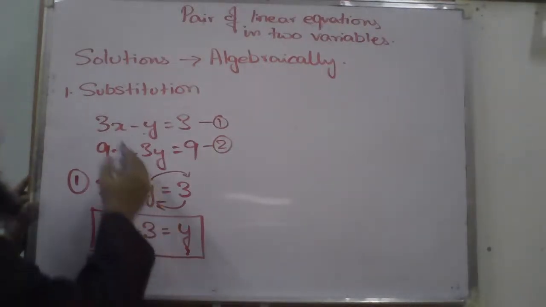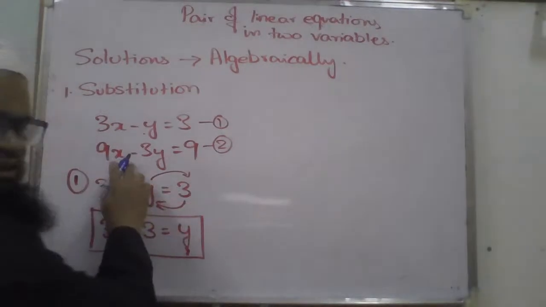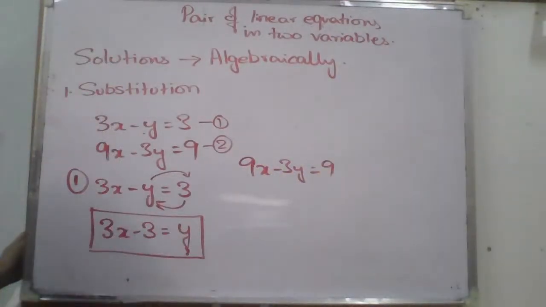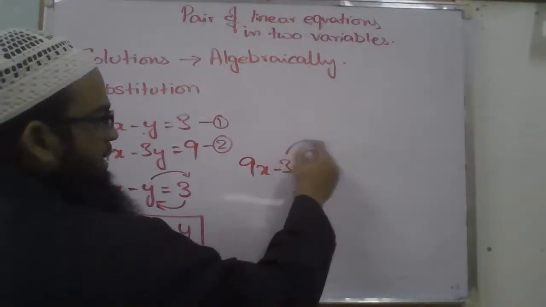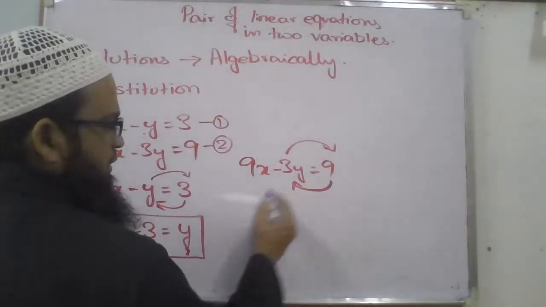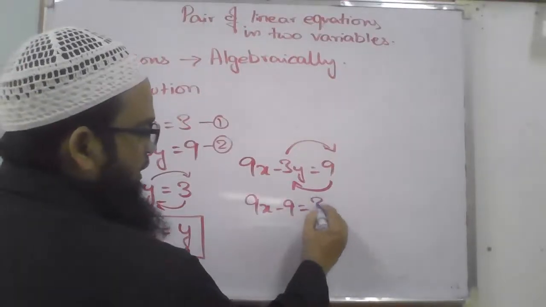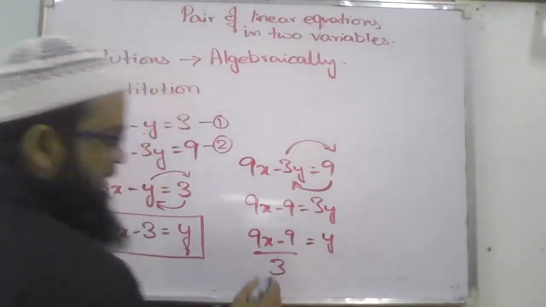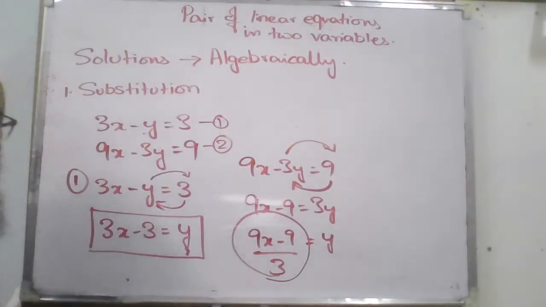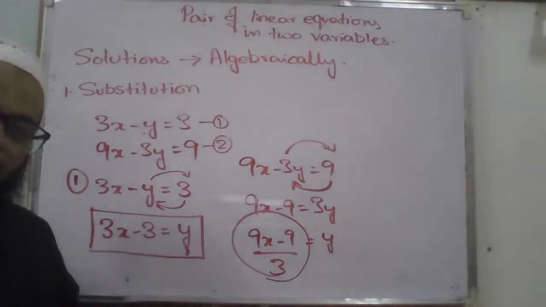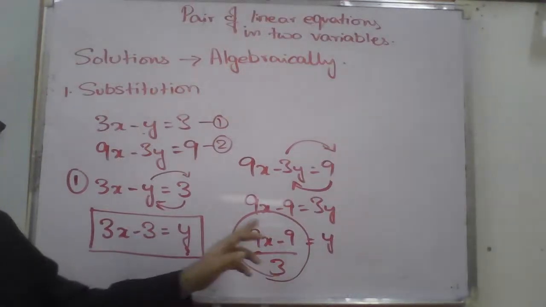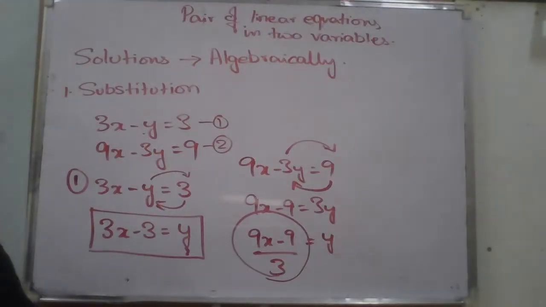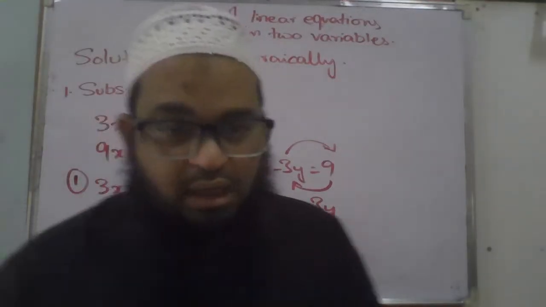If you take the second equation, 9x minus 3y is equal to 9, and transpose, it is 9x minus 9 is equal to 3y, and y is equal to 9x minus 9 divided by 3. So you will get a fraction which will be difficult for you to substitute and calculate. In this particular example, you can cancel out the common 3, but in most of the other problems, you will not get like this.